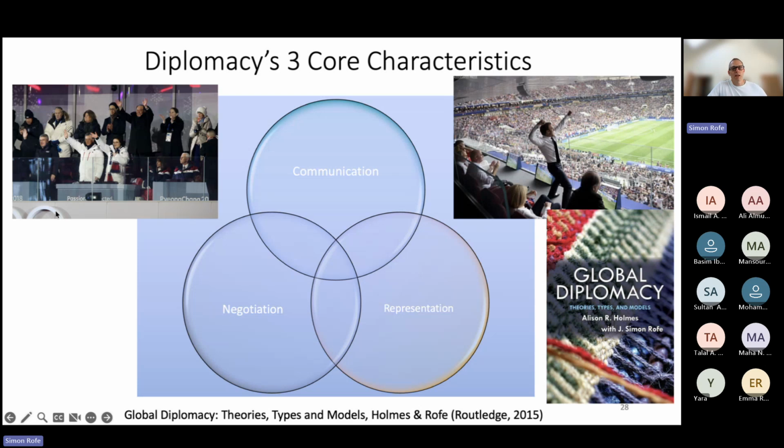So here we see how sport, as one of those actors, is influencing and shaping nation-state behavior. Equally, we see how nation-states are shaping sports behavior.